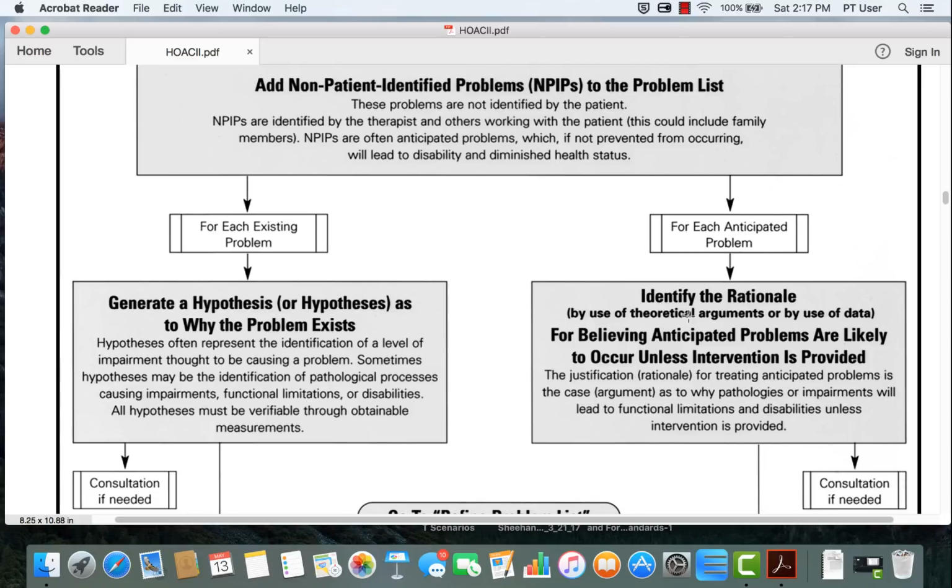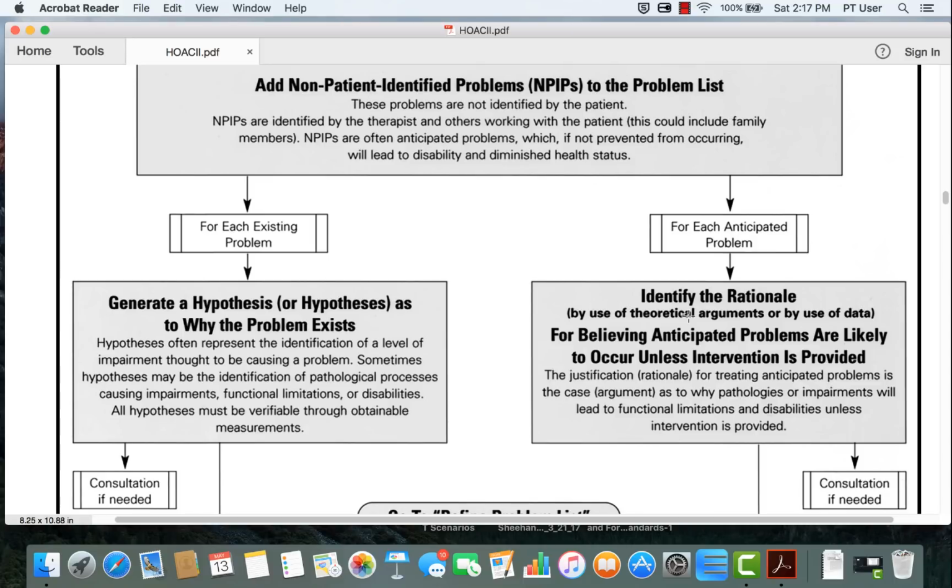Now, the other category, as we talked about, is the anticipated problems, where we identify a rationale. Now, we'll talk about in a moment why it's just a rationale. Now, I mentioned earlier that a patient may come in and identify an anticipated problem. I'm afraid I'm going to lose my job.